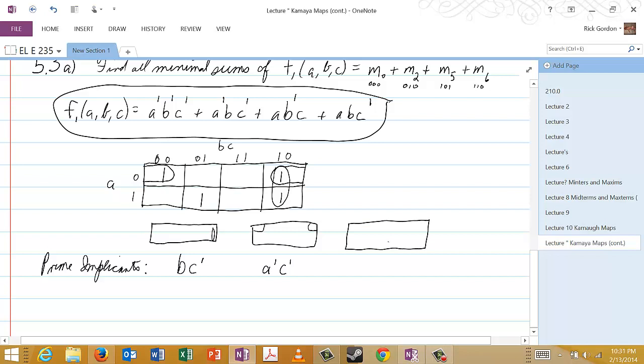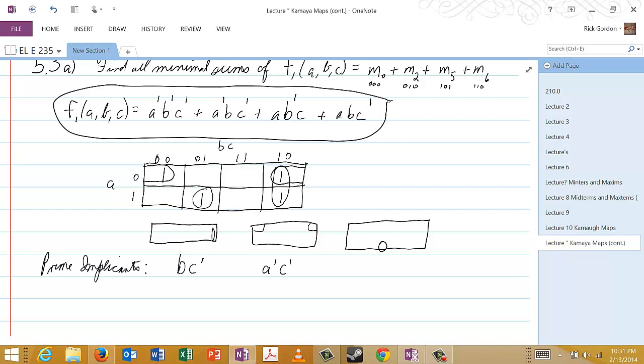So I'll draw the picture, and I'll just put a circle there corresponding to this, and now we need to find a name for that. Since it's just one cell, no variable is changing, and therefore all three variables will appear in the name.